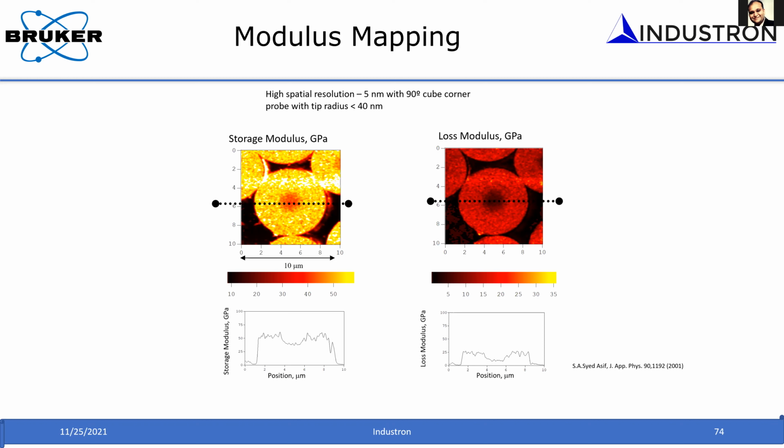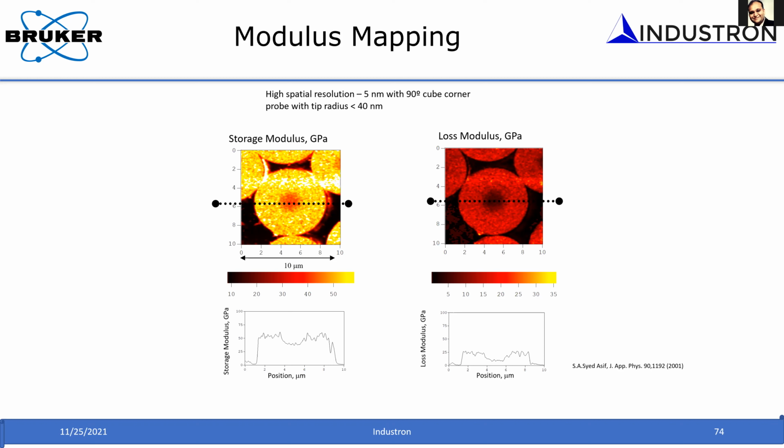And this is a very surface sensitive technique. So if you wanted to understand how the near surface properties are changing in terms of mechanical response, particularly elastic response, you can do a simple modulus map, and then you get this change in mechanical response as an image. That gives you the idea of how the properties are changing at different locations.